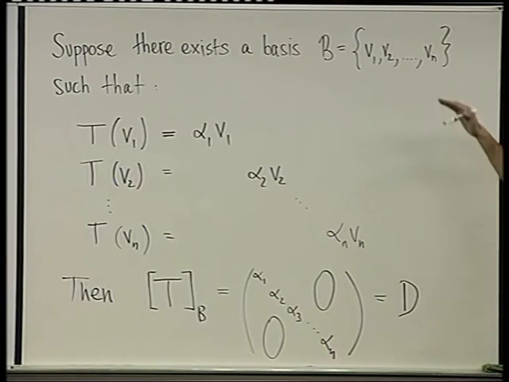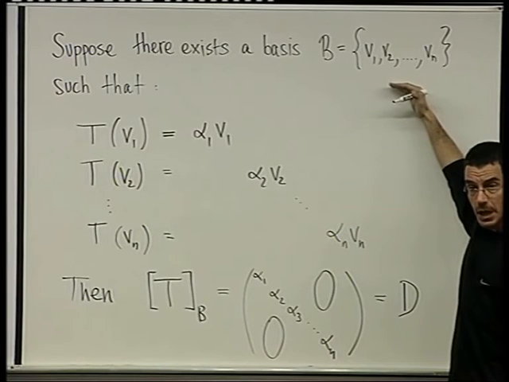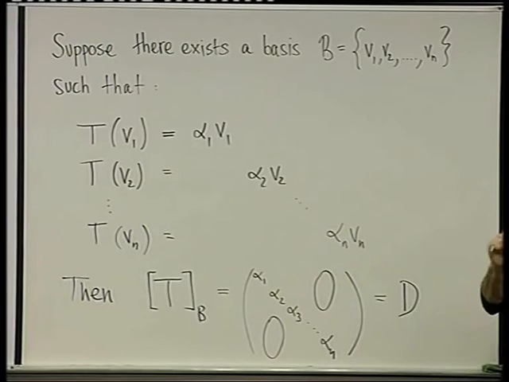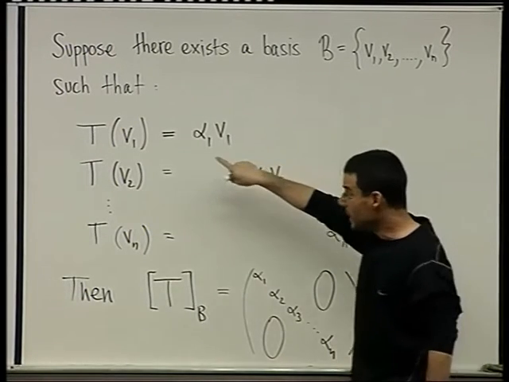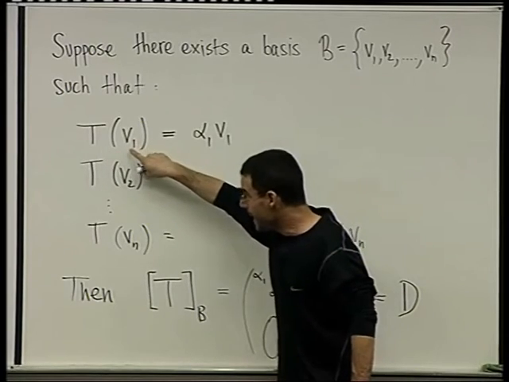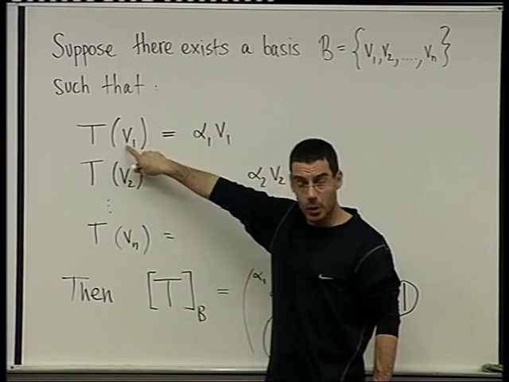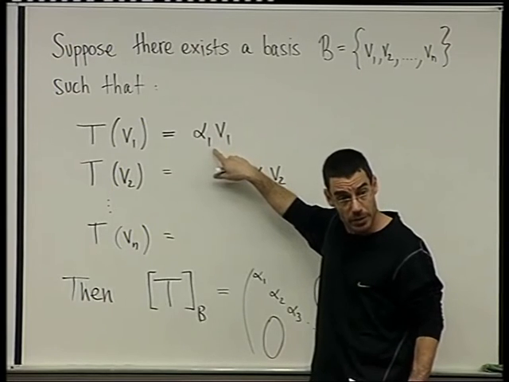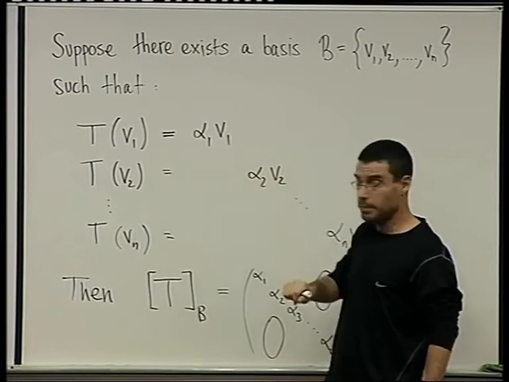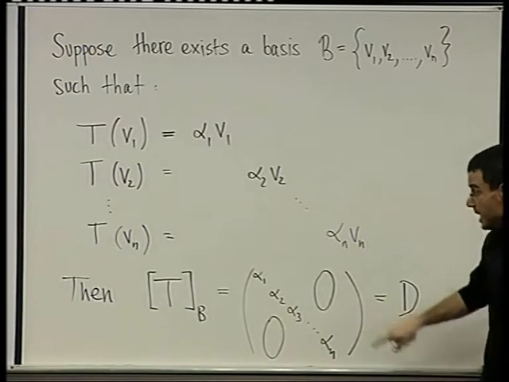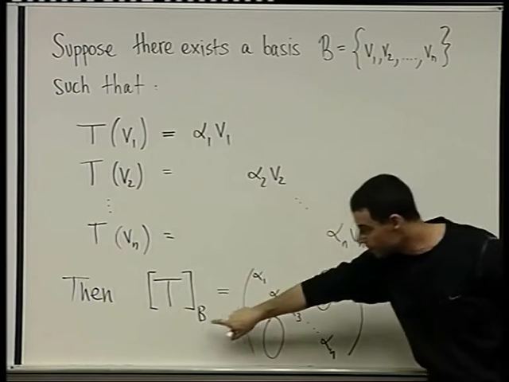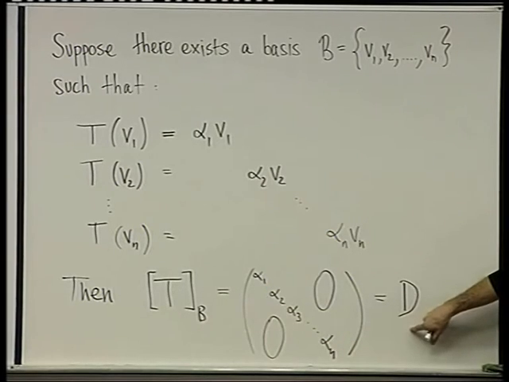So if there exists a basis which acts in a very special way with respect to this specific T, namely, T, when acting on a basis element, really doesn't do much to it. Almost fixes it. Almost. Because it does multiply it by some scalar. Then the representing matrix with respect to that basis is going to be diagonal.